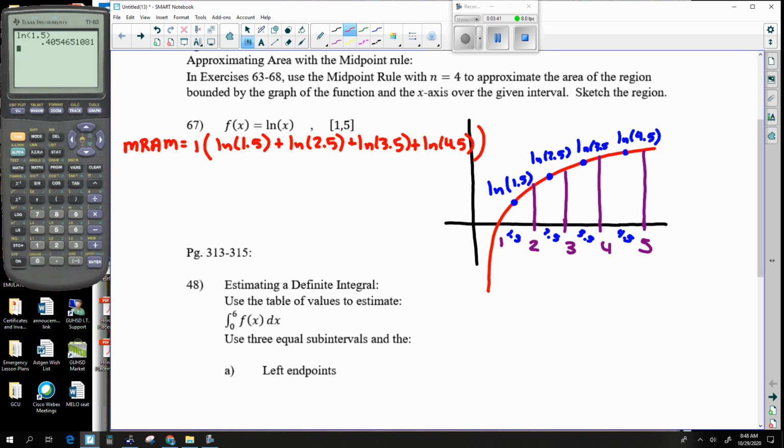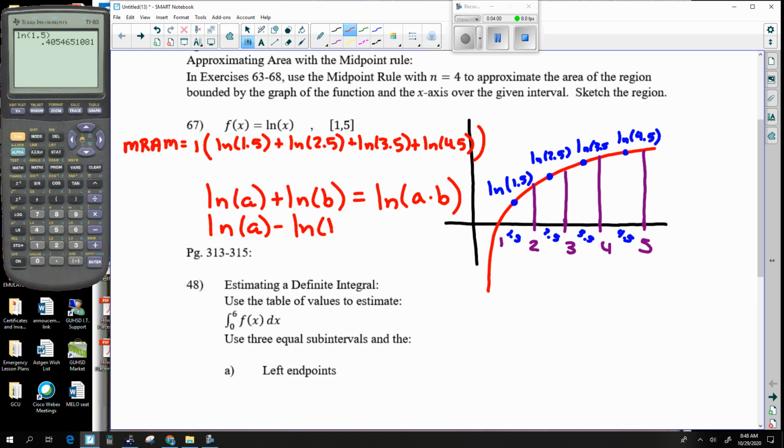And so here's a double trick. If you add logs together, if I have the ln of A plus the ln of B, that's the same thing as the ln of A times B. Another trick is if I have a subtraction, then it's a division.